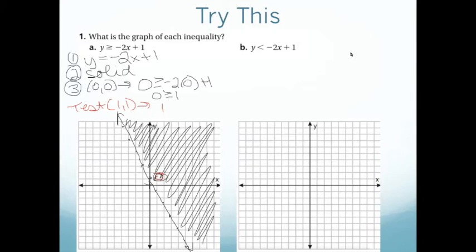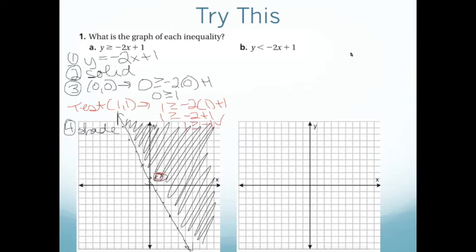So 1 is greater than or equal to -2 times 1 plus 1. 1 is greater than or equal to -2 plus 1. Is 1 greater than or equal to -1? Yes. So that confirmed my answer. And then step 4, we already did it. Step 4 is to shade.